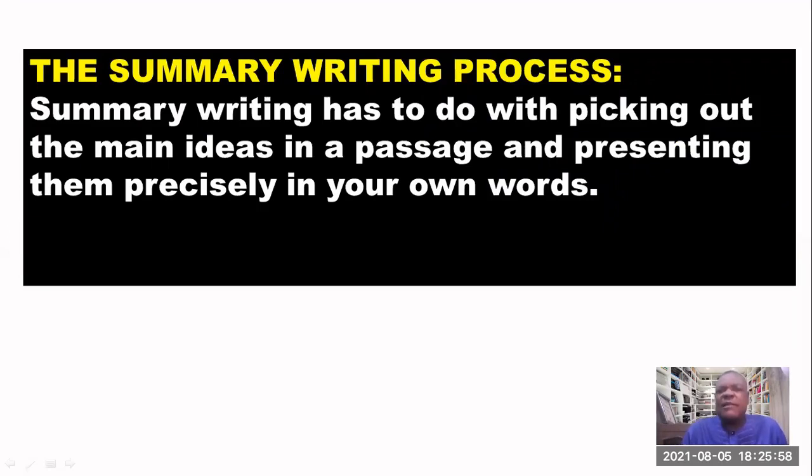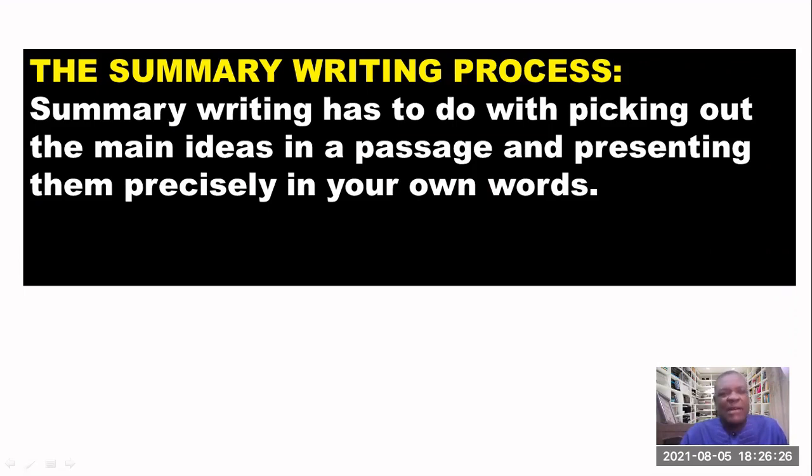Now, the summary writing process is a process you need to understand, because when you understand it, then you will know exactly what to do when it is time to summarize. Now, summary writing is about picking out the main ideas in a passage and presenting them precisely in your own words. All right?